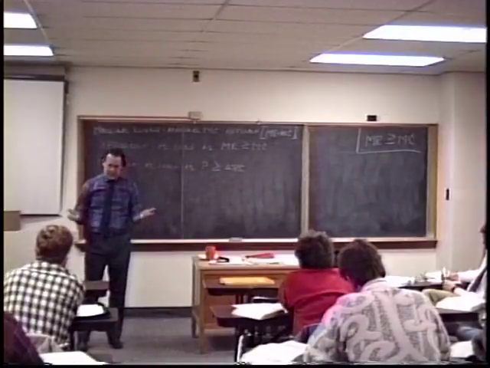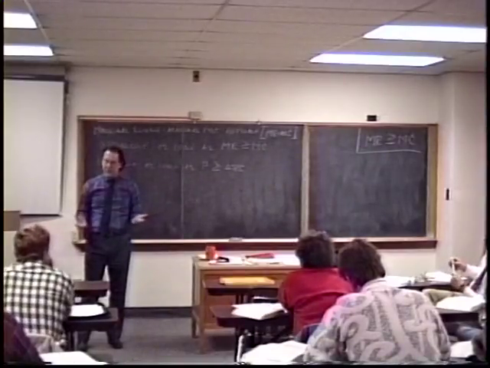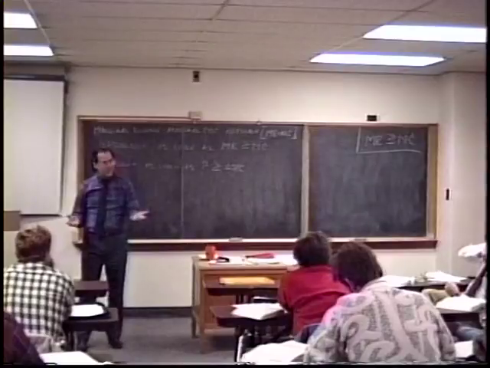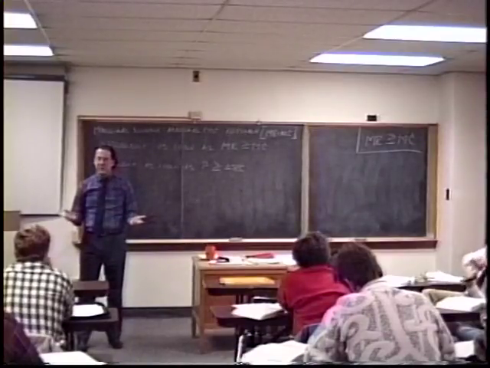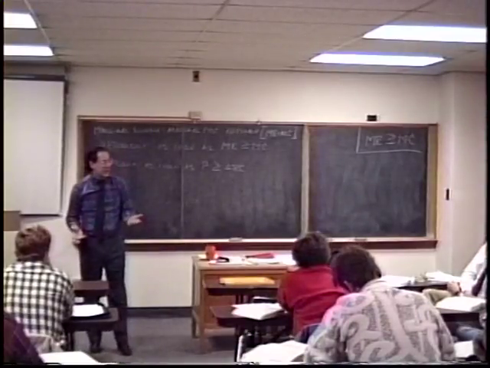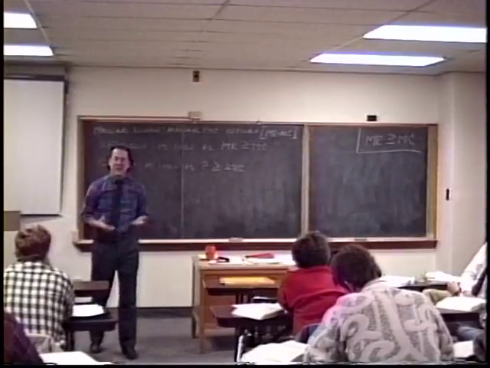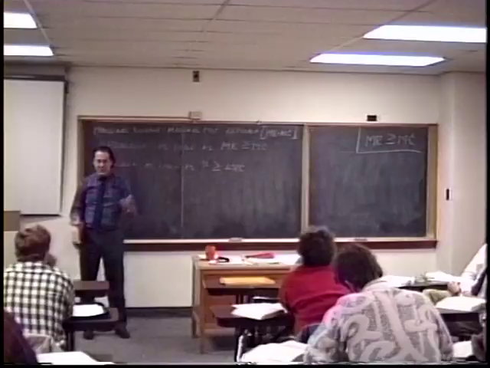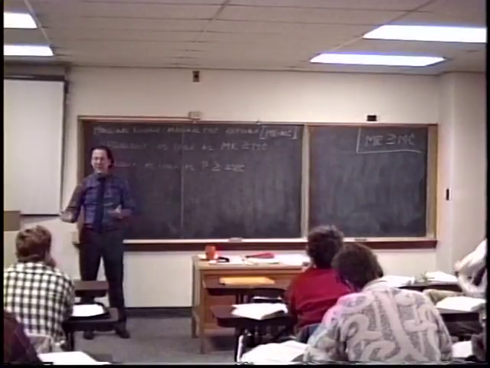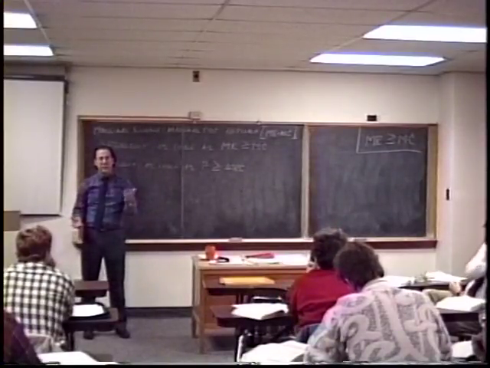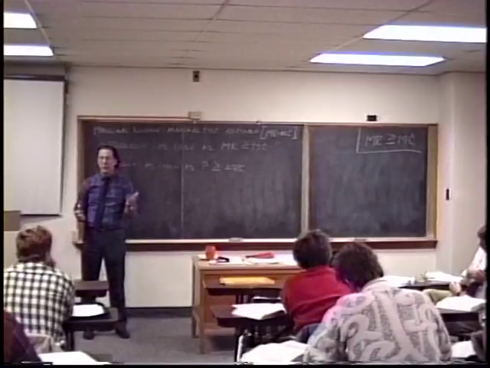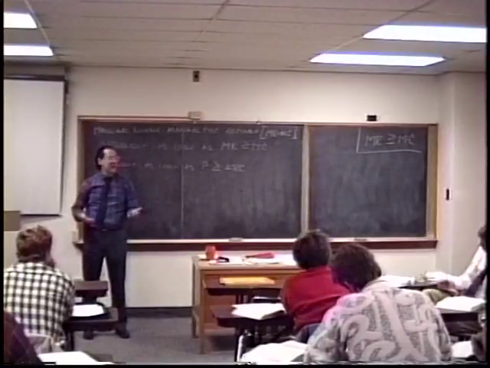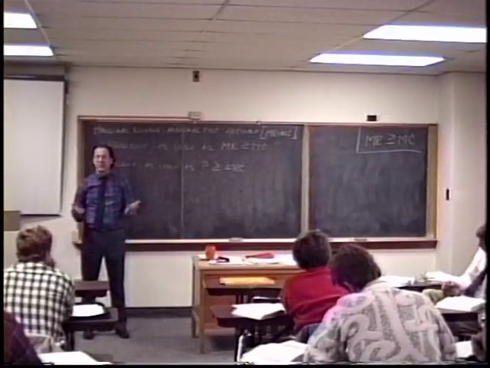Okay, I produce it now. Should I build another car? Well, how much does it add to costs? And how much does it add to revenue? And if it adds more to revenue than cost, then I produce another car. And I keep doing this. Every time I keep asking the question, how much does it add to my cost? How much does it add to my sales? And as long as each one adds more to revenue than it adds to cost, I continue to produce.